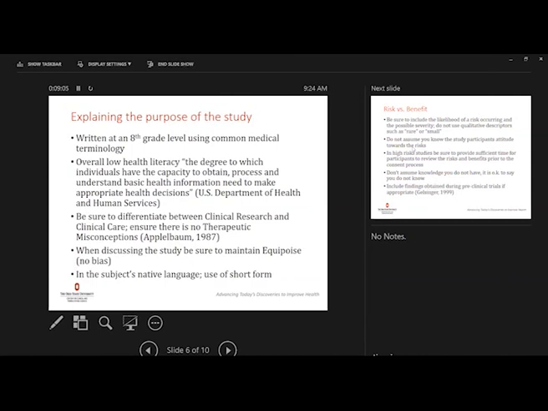Some of the information that I was reading indicated that as many as almost 25% of our population are unable to navigate the medical field. The U.S. Department of Health and Human Services describes health literacy as the degree to which individuals have the capacity to obtain, process, and understand basic health information needed to make appropriate health decisions.